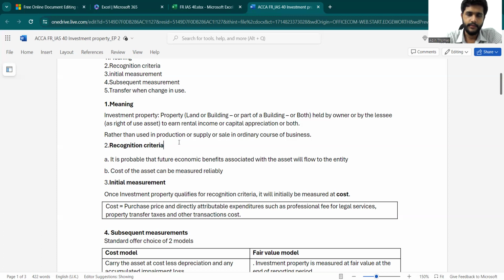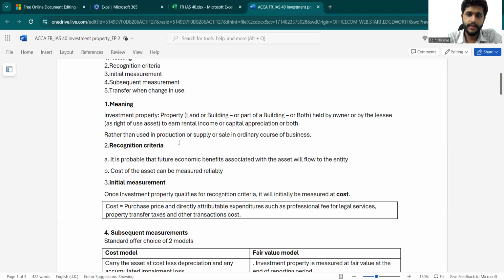Same as we saw in IAS 16, here also we have 2 recognition criteria. First one is, it is probable that the future economic benefit associated with the asset flows into the entity. Okay. For land and building, we can see that the building will generate rental income.